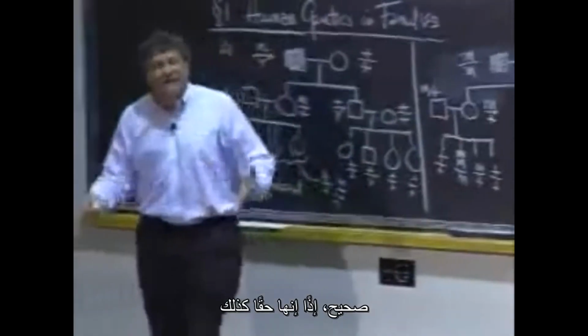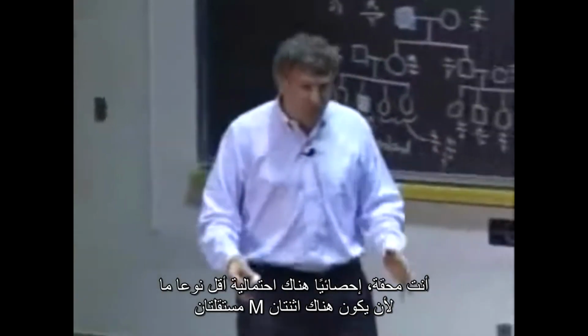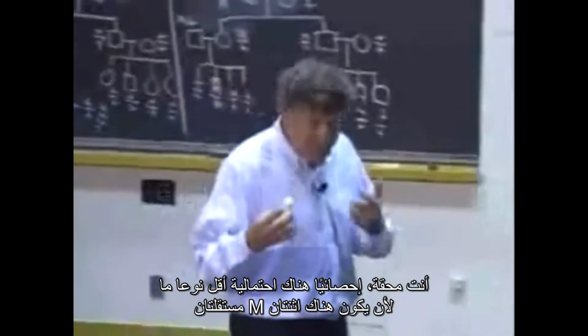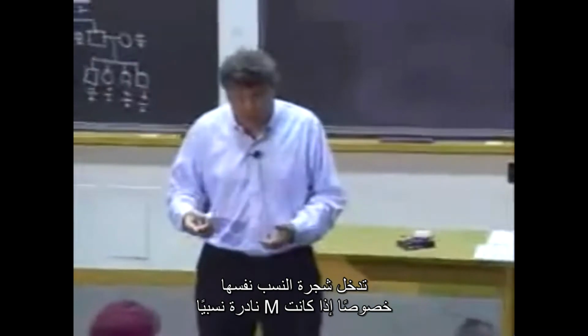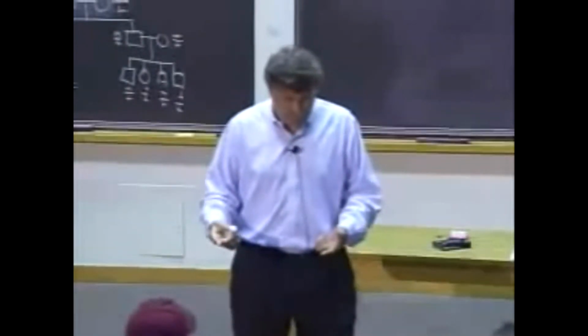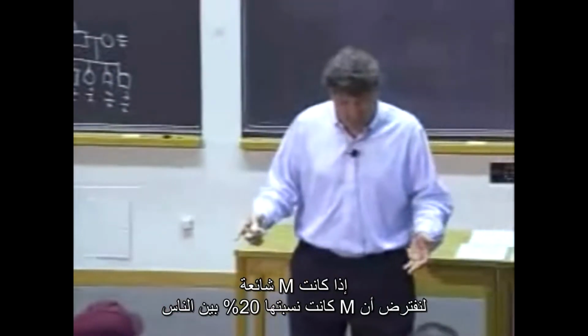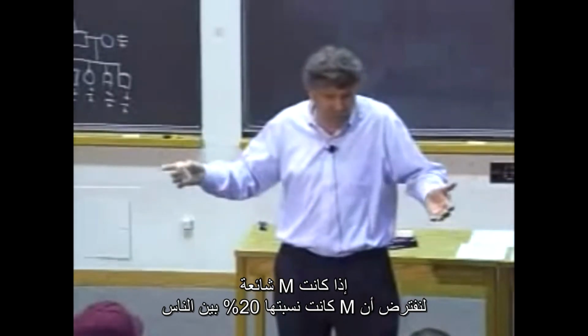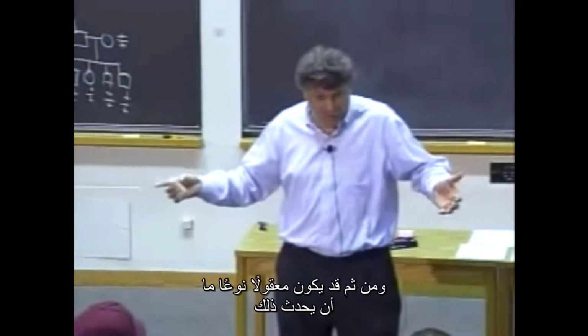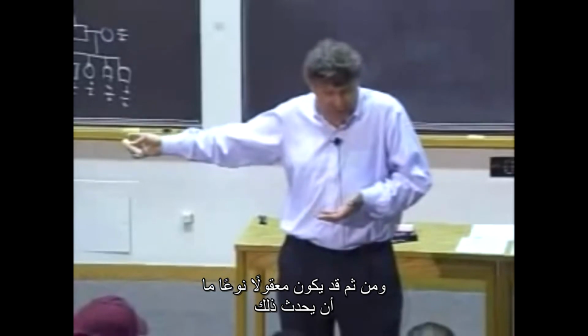So you're right, statistically somewhat less likely that you would have 2 independent M's entering the same pedigree, particularly if M is relatively rare. If M is quite common, however, suppose M were at a 20% frequency in the population, then it actually might be quite reasonable that this could happen.